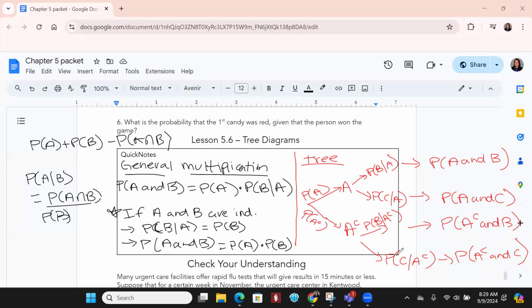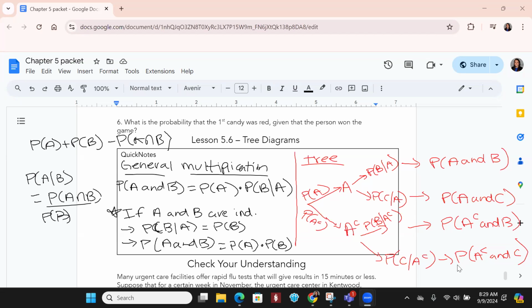We're going to deal with actual events like red and yellow starburst. One way to check yourself is if you add up all of these probabilities, they should equal what number? 1.